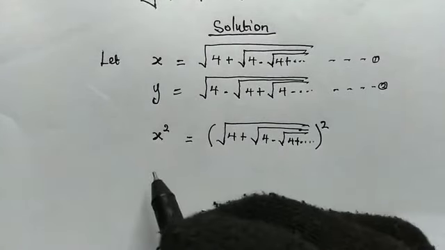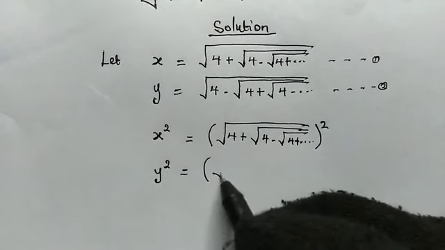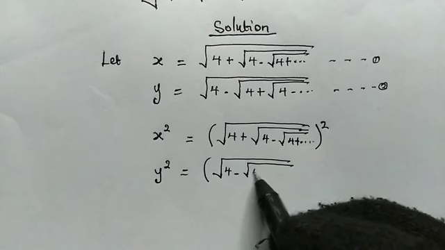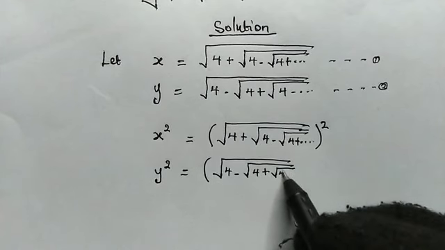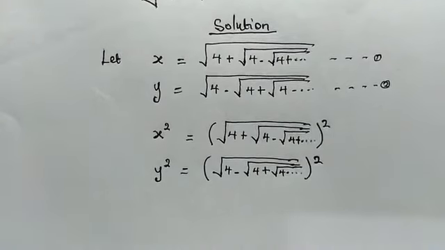And from equation 2, let us square both sides. We'll get y squared equals root of 4 minus root of 4 plus root of 4 minus, and so on. And we square this.